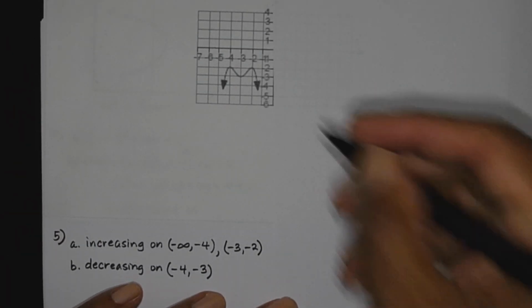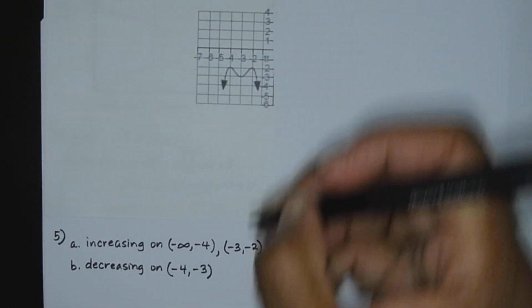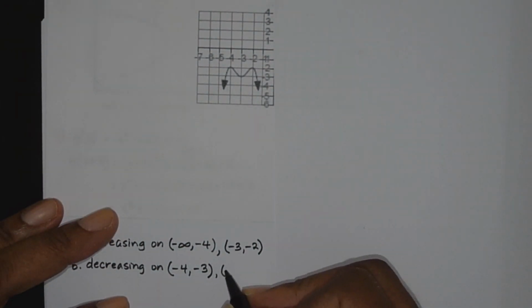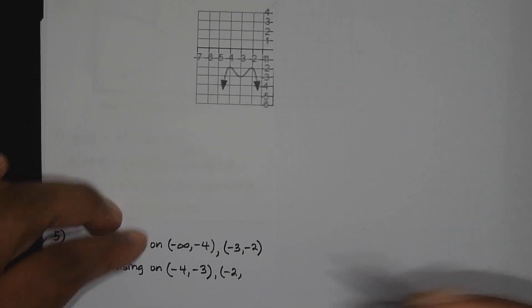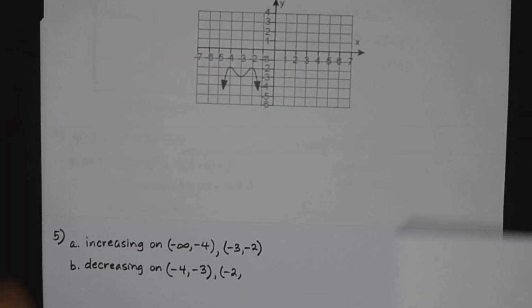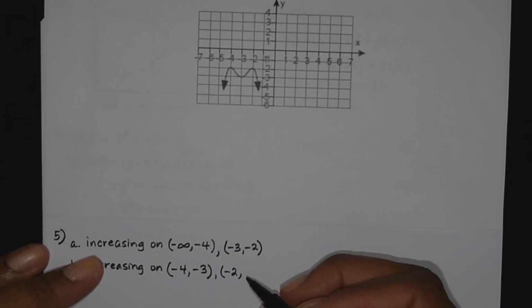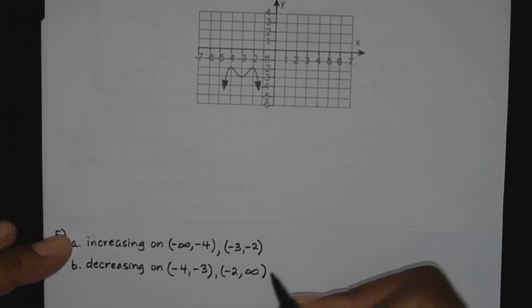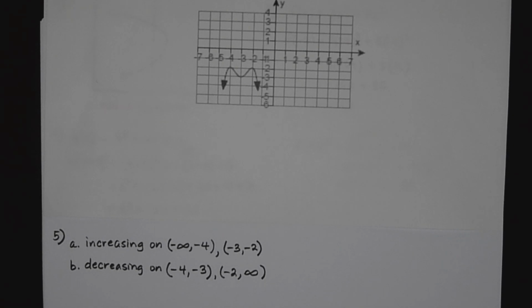And then after -2, it's still going up, so it would be positive infinity. Okay? So those are the intervals, and constant, nowhere.